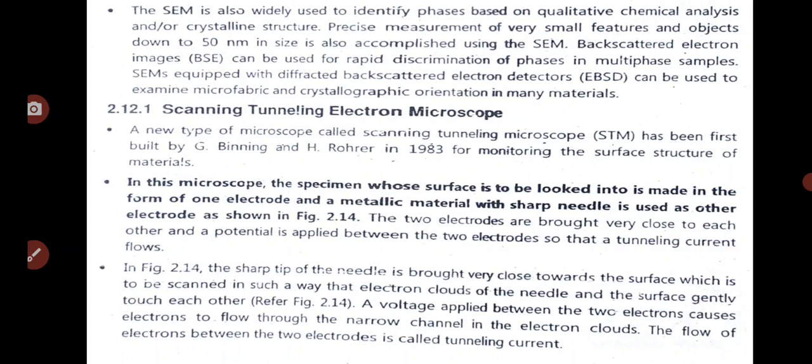Okay, in this microscope the specimen whose surface is to be looked into is made in the form of one electrode, and a metallic material with a sharp needle is used as the other electrode. So in this method two electrodes are there, as you can see in the figure.